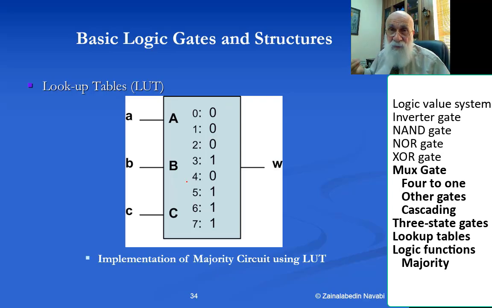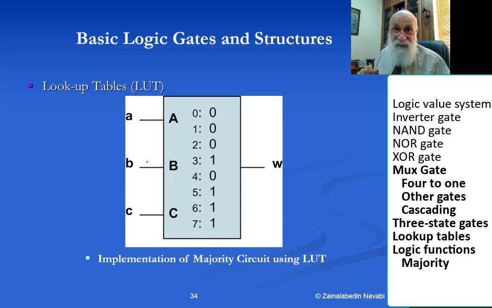A lookup table is a truth table, let's say with 3 inputs or with 4 inputs. When you are programming a programmable device or an FPGA, you will be programming the values into various positions of this table. Look at a lookup table as a 1-bit memory.